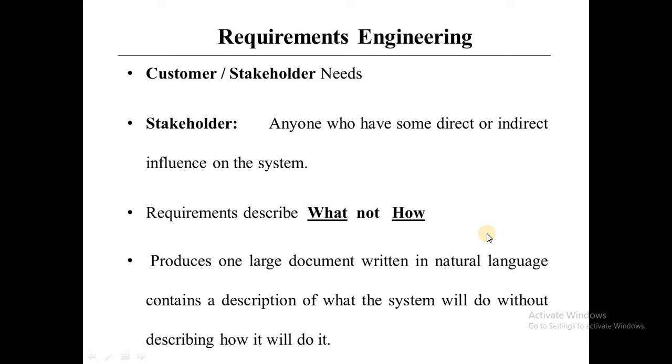Let us discuss one example. Suppose you want to stitch a cloth, whom will you contact? You will contact the tailor. So consider the tailor as a software engineer, and you are the customer, client, or user. What will you do?